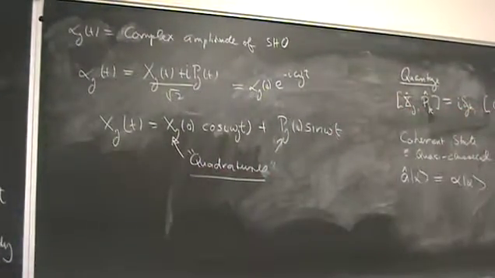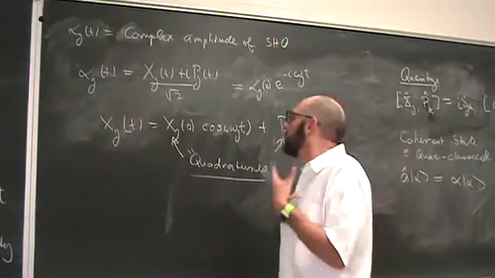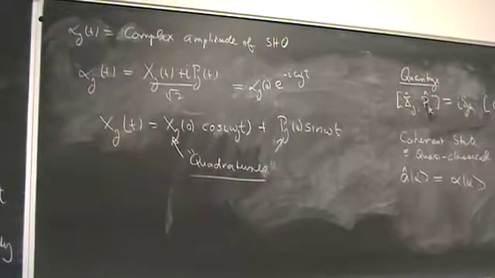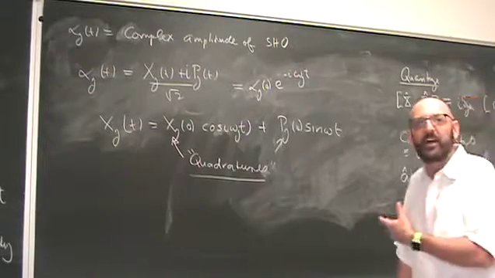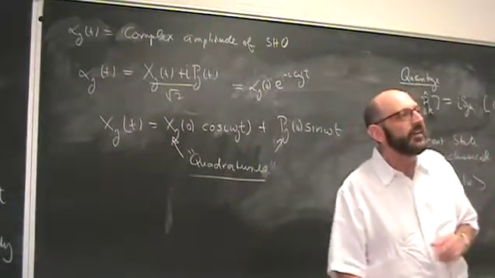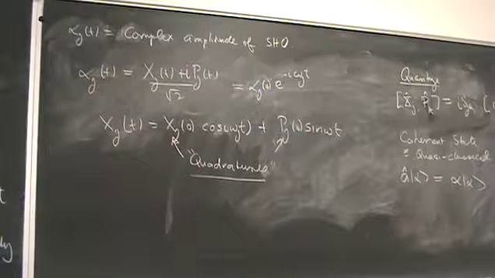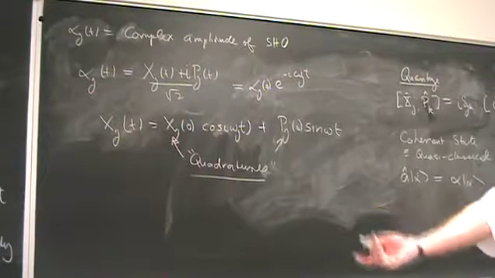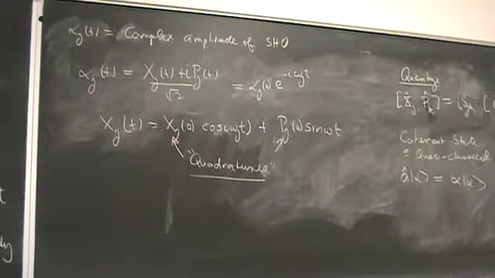So they're called quadratures because, if you have any function that is oscillating at a single frequency, it can always be expressed as some amount of cosine and some amount of sine. And those two things are 90 degrees out of phase. They are in quadrature because they're 90 degrees out of phase. That's where the term comes from.